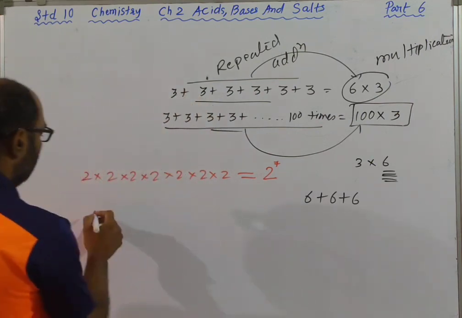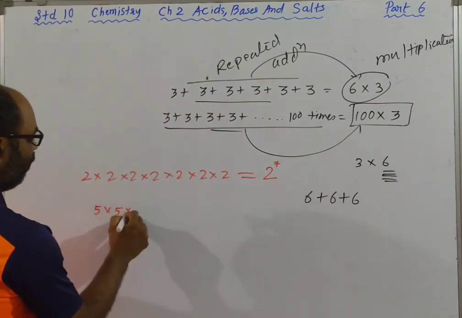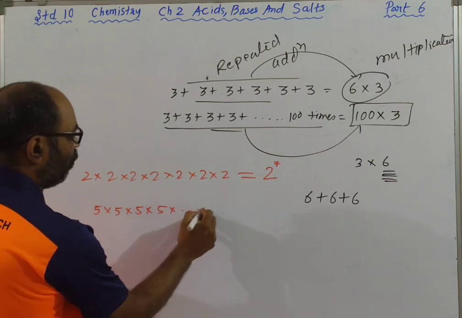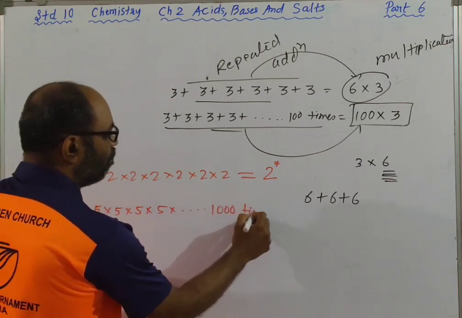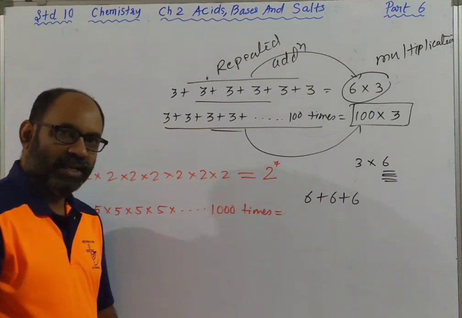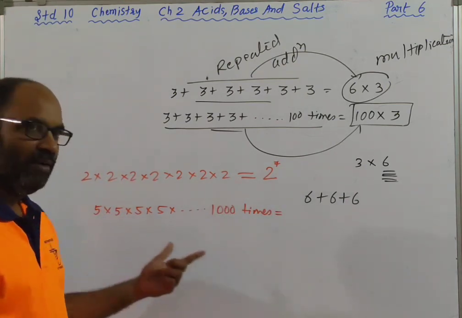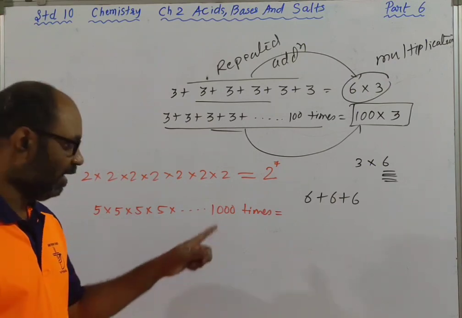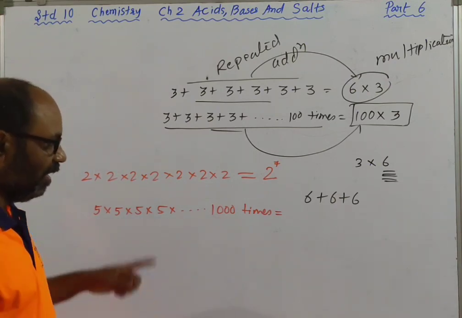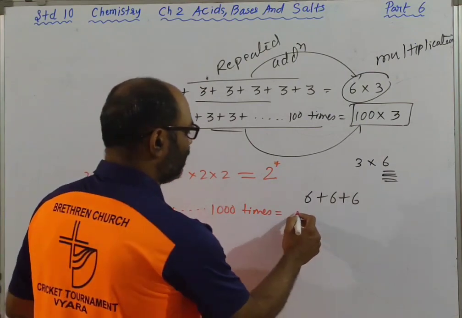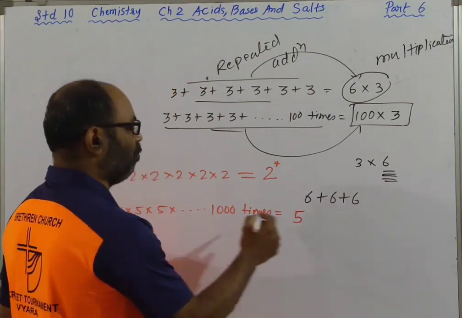All right? 5 into 5 into 5 into 5, 1000 times. My God, you can't even write it, a whole page of the textbook notebook will be filled if you write 5 multiplied with itself repeatedly 1000 times. But its brief representation is: 5 is repeatedly multiplied 1000 times.